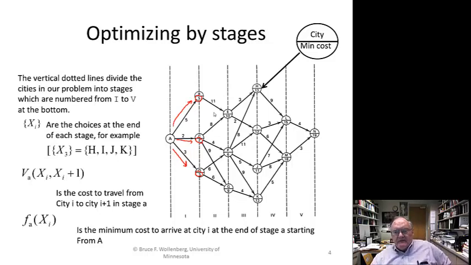If I look at the city E, if I go from B to E, the cost to get to B was 5, and then the cost from there to E was 11, so that would be a cost of 16. If I went through C, from A to C, the cost was 2, and then I went up this way, the cost was 10.